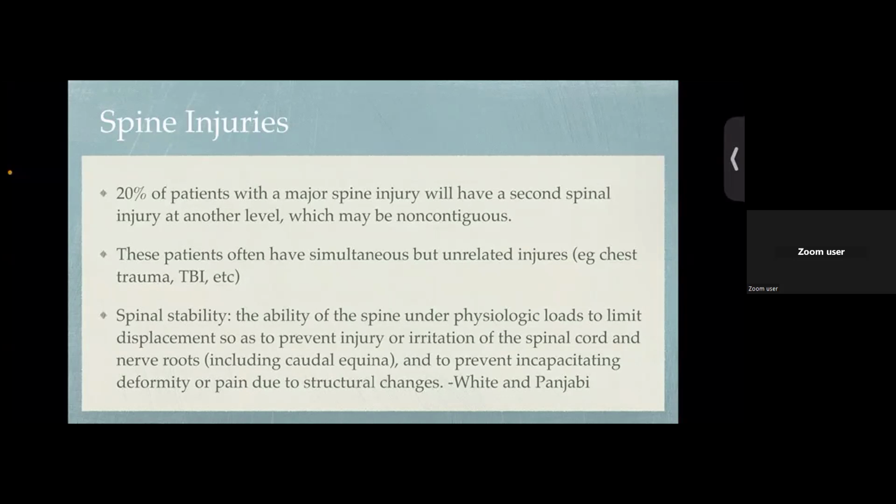And of note, the definition for spinal stability, coined by White and Punjabi, is the ability of the spine to undergo physiologic loads to limit displacements so as to prevent injury or irritation of the spinal cord and nerve roots, including the cauda equina, and to prevent incapacitating deformity or pain due to structural changes, right?